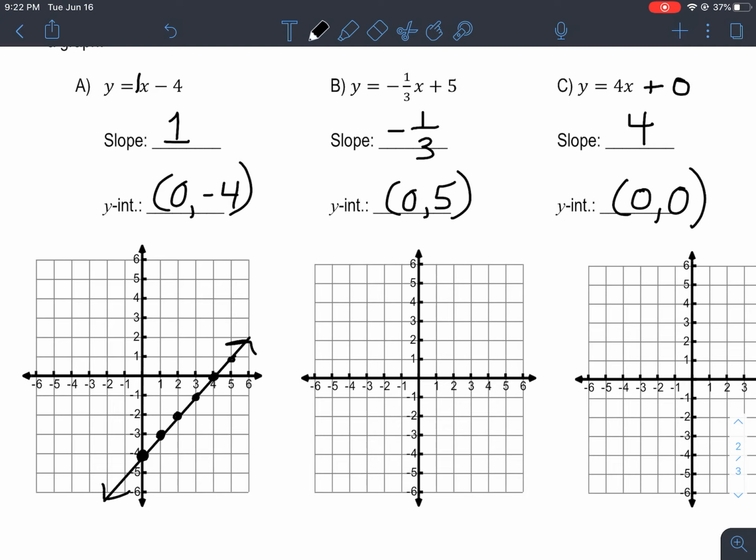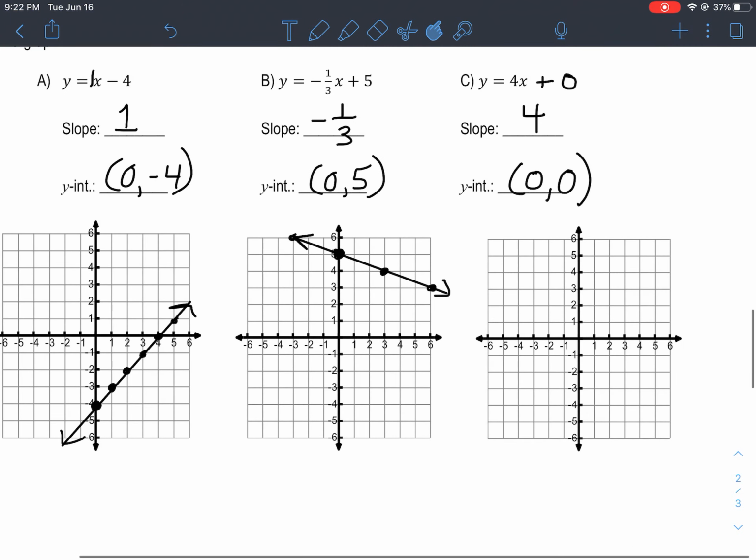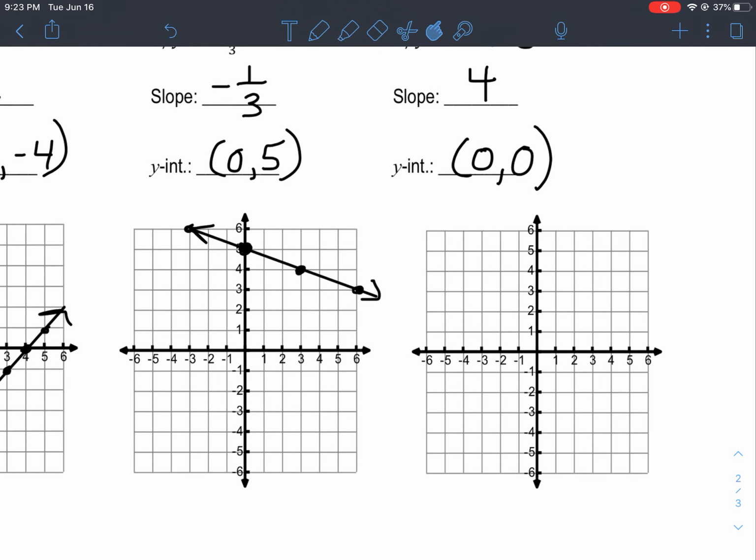In B, start at your y-intercept, 0, 5, and go down 1 over 3. And if I wanted a point on the other side, up 1, left 3. Connect your points. Always putting arrows on both sides. Sorry, I forgot to mention that. Just to show that the line continues on from -infinity to +infinity.